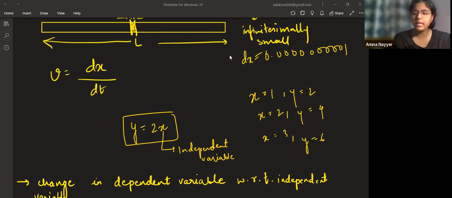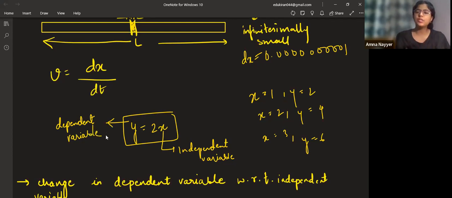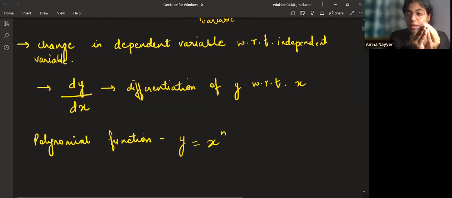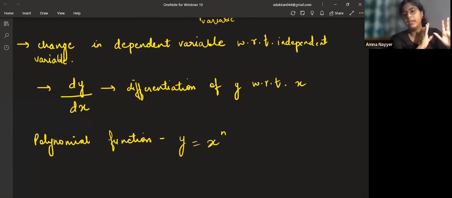We call such variables independent. So this is an independent variable because this value you can modify. And the value which is now getting modified or changing by itself, that becomes the dependent variable. So we just use the concept of independent and dependent variable. It's like change in the dependent variable with respect to the independent variable.